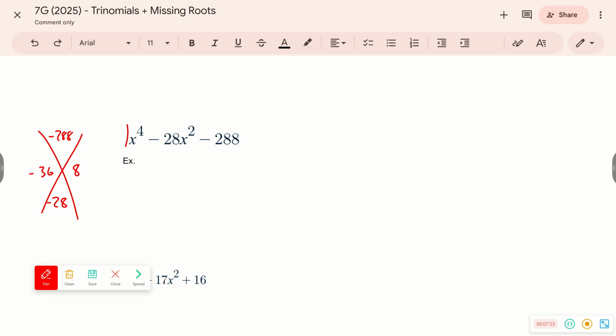Split the middle, so x to the fourth minus 36x squared plus 8x squared minus 288. Factor this out, so we have x squared and then x squared minus 36.